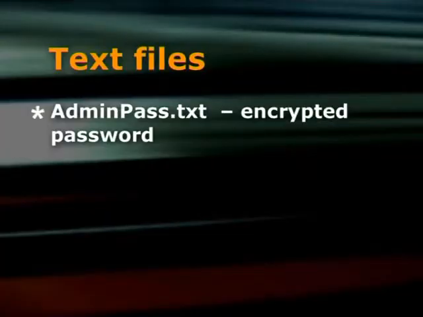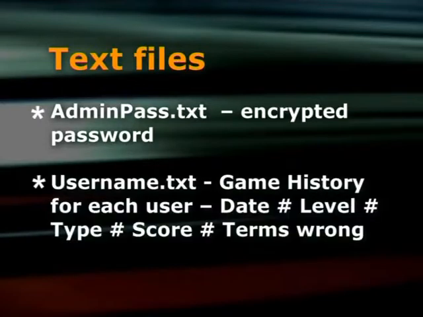Use the headings text files and database, like for example, text files. adminpass.txt, which is the file name, encrypted password. username.txt, game history for each user, date, level, type, score, and terms wrong. We could add lines to this file each time the user plays a game and show it to the user if he asks to see his game history. We use the hash character to show the structure or fields of data we need to store.